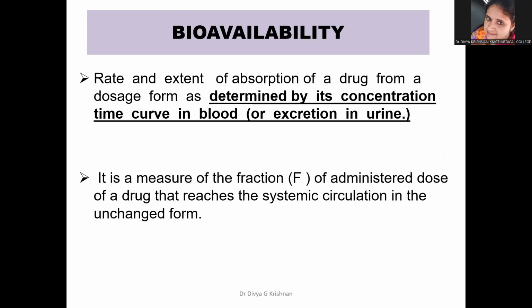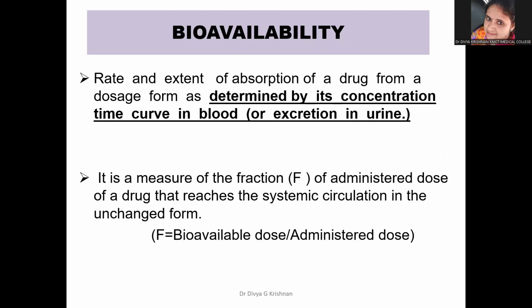For example, you might be administering 500 milligram of the drug paracetamol, but it is not that the entire 500 milligram is going to reach the systemic circulation. There is only a certain amount of the drug that reaches the circulation in the unchanged form, and that is defined by the bioavailability.